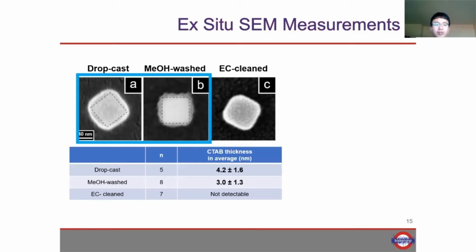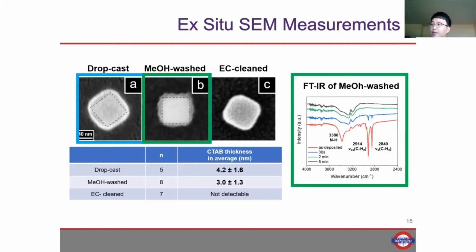In the comparison of figures A and B, it is clear that methanol washed gold nanocubes show thinner outer layers with a rougher profile compared to drop cast gold nanocubes. And what we importantly learn from SEM measurement of a methanol washed gold nanocube is that actually CTAB was not detected in FTIR spectroscopy after 2 minutes of methanol washing, as you can see in the green plot, which is the common macro scale tool for organic surfactant detection in materials science.